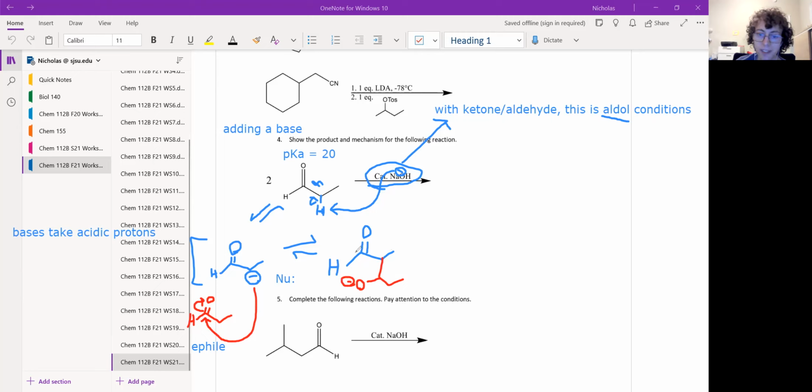And we don't want it to stay negative. We don't want it to be an alkoxide. So it's going to get protonated, and it will be protonated by water specifically. In the first step, we used hydroxide to take this proton here. So now we're going to take that proton back from water that formed.